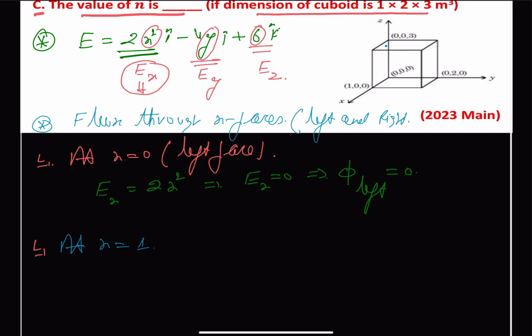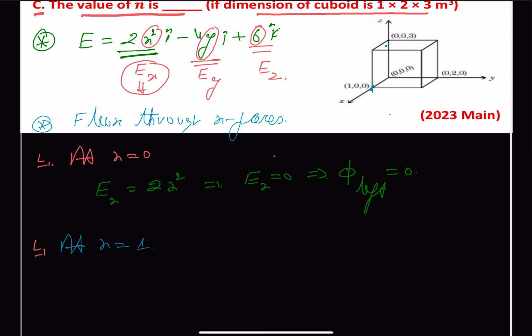I cannot say left and right, let me rephrase it. Because of the cube, this is our x equal to 1 and the backward face will be x equal to 0.